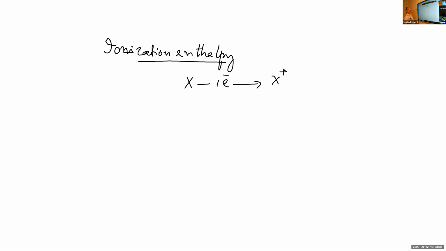One more electron is removed, we get an X plus 2 ion. One more is removed, then an X plus 3 ion, like that. So a cation is formed by the removal of an electron from an atom. For the removal of an electron, the atom has to absorb energy. That means it is endothermic.